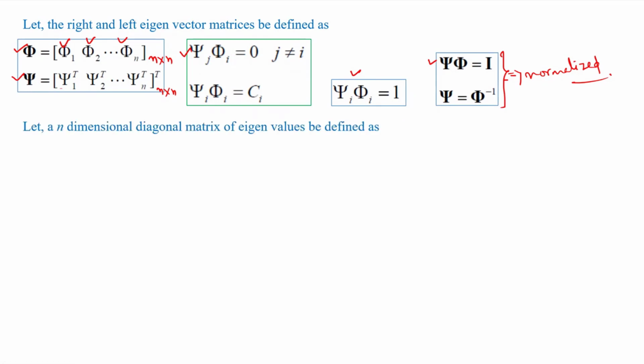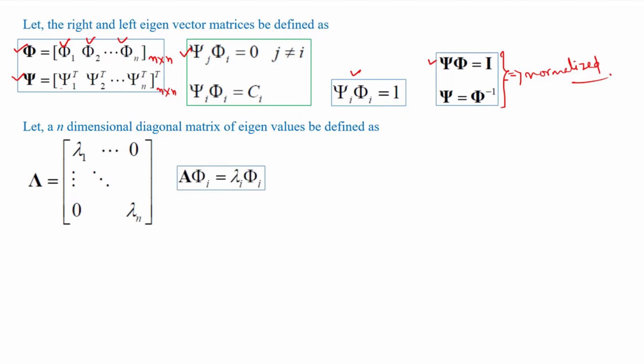Now let us consider an n-dimensional diagonal matrix of eigenvalues, defined as this. We are assuming a diagonal matrix consisting of all the eigenvalues as the diagonal elements, and the off-diagonal elements are 0.